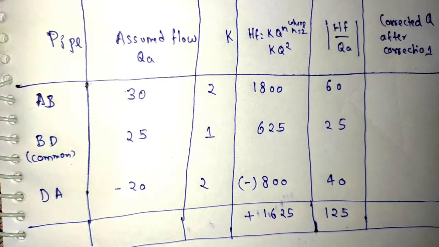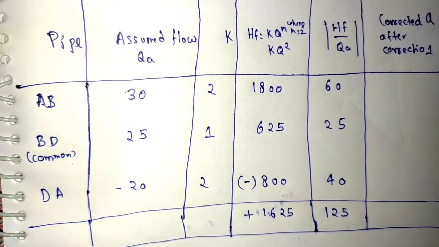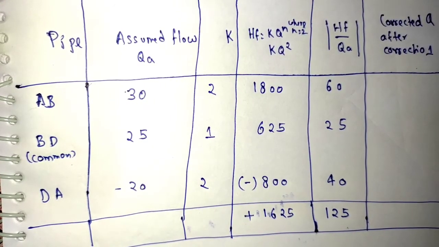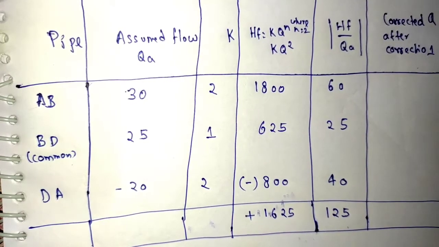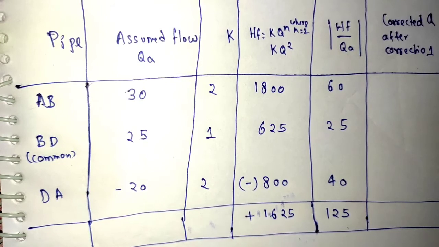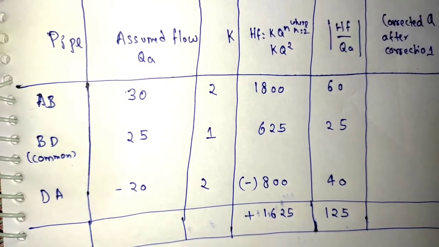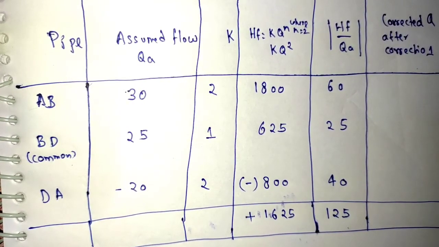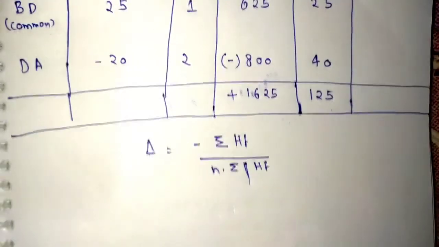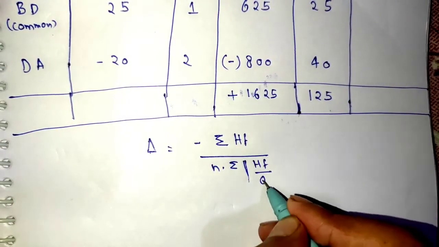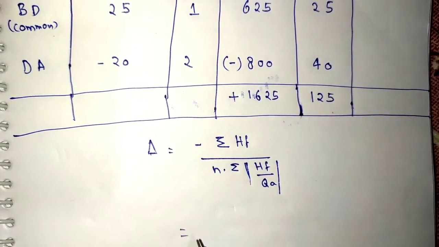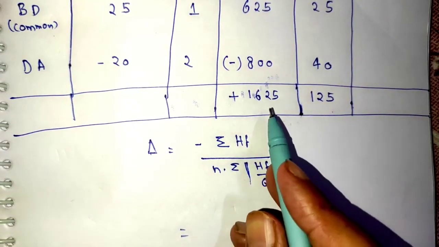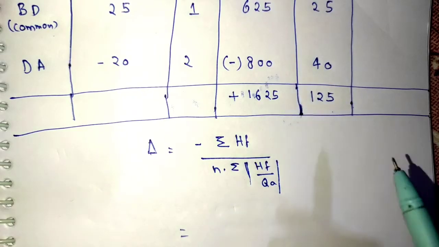So if we want to calculate the corrected value, we will find the value of delta. Okay, so delta is minus sigma HF divided by n times the summation of absolute HF by QA, right? So what is your sigma HF? Your sigma HF is 1625, right?